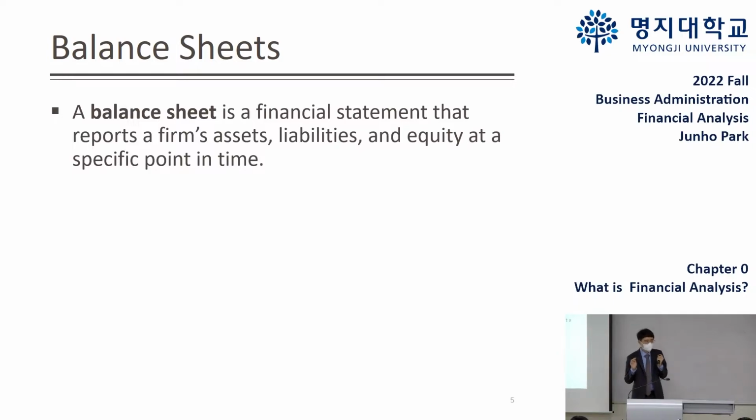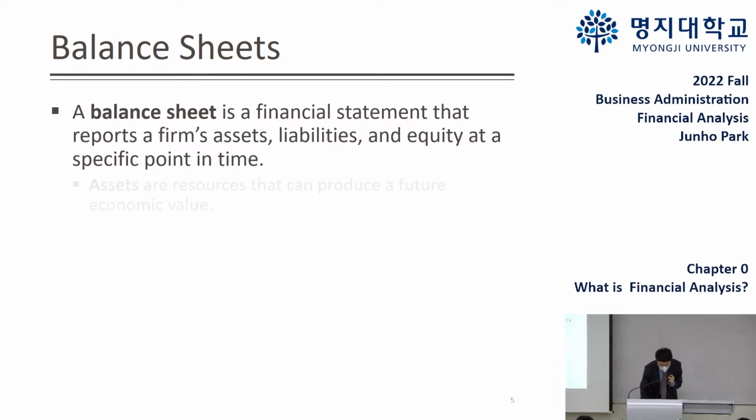So it is different from income statements in the sense that it does not reflect a period of time. It is similar to taking a picture just for a second and then taking a look at the picture. And what we want to know from the balance sheet is the assets, liabilities, and equity.